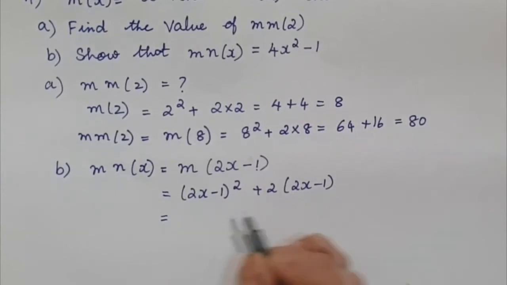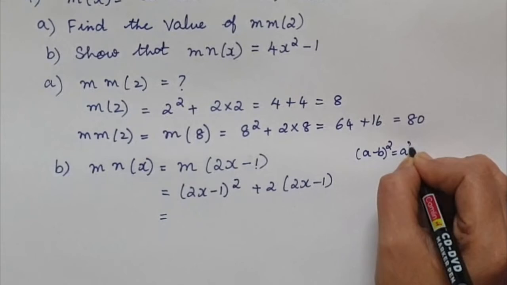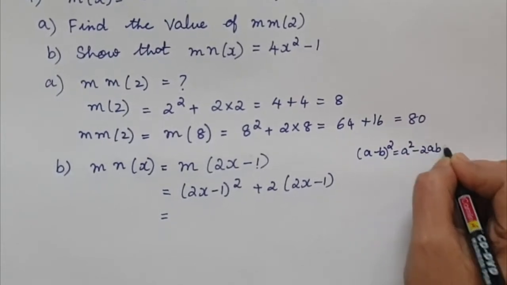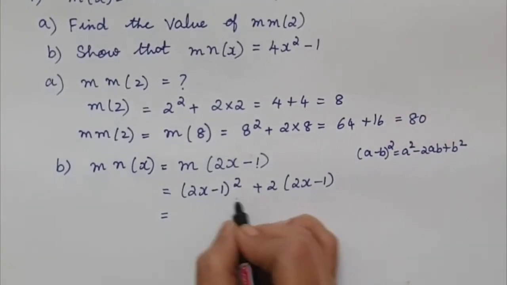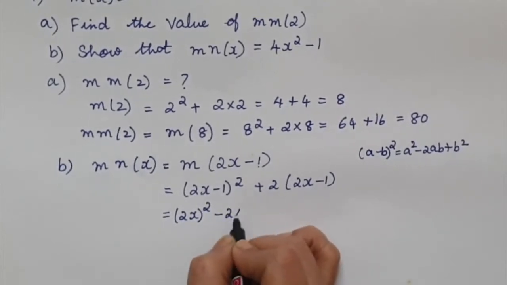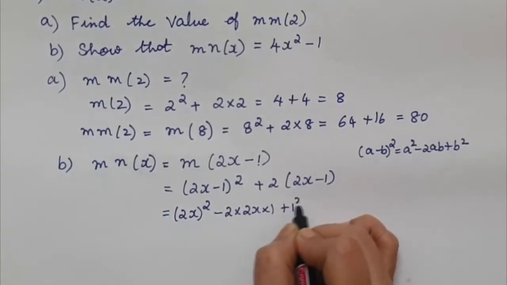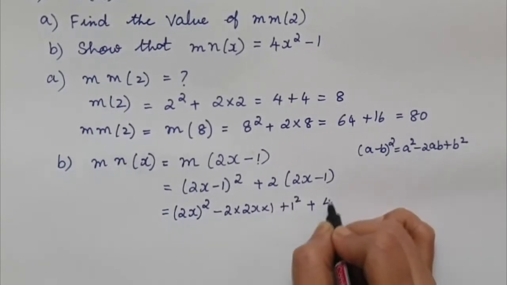Now this is (a minus b) the whole squared. (A minus b) the whole squared equals a squared minus 2ab plus b squared. We are going to use that. So it is a squared, 4x squared, minus 2 into 2x into 1, that is 2ab, plus b squared, plus 4x.